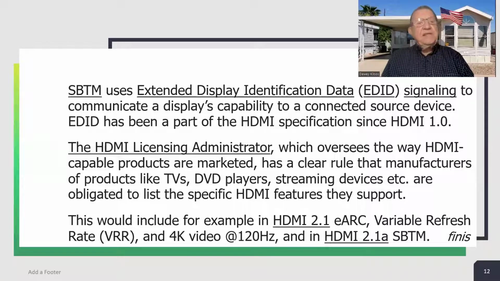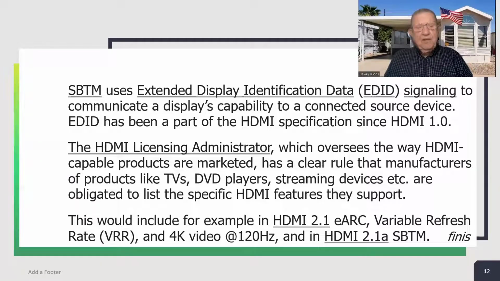Also, it's unlikely that you'll ever need to replace your existing HDMI cables for SBTM or 2.1a. SBTM uses extended display identification data signaling, or EDID, to communicate a display's capability to a connected source device. EDID has been a part of the HDMI specification from the beginning, from HDMI 1.0. The HDMI Licensing Administrator, which oversees the way HDMI-capable products are marketed, has a clear rule that manufacturers of products like TVs, DVD players, and streaming devices are obligated to list the specific HDMI features they support.